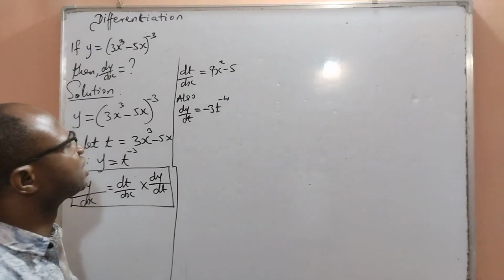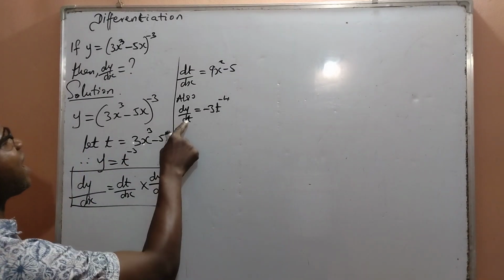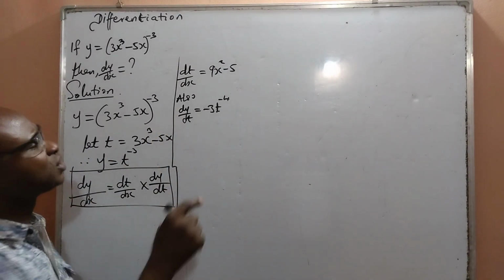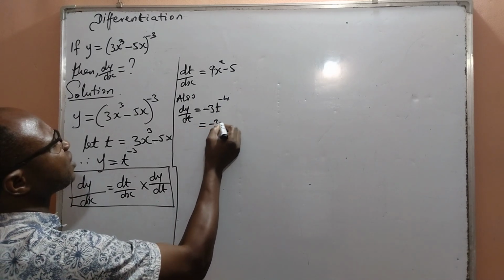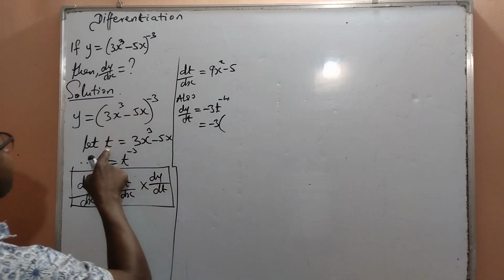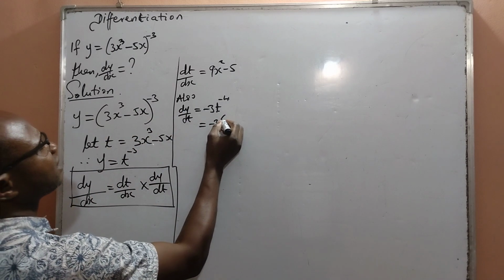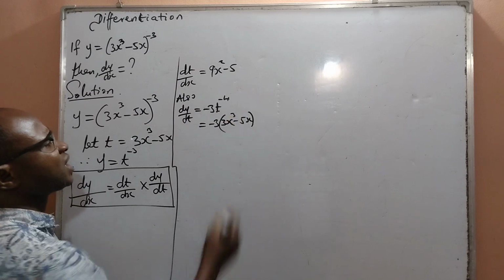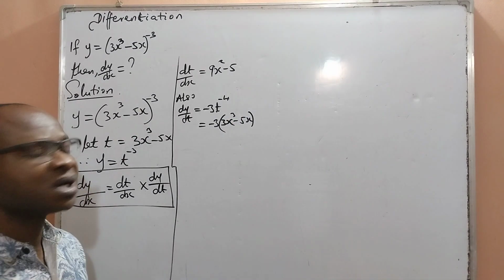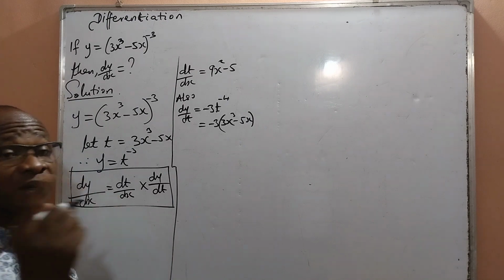I have differentiated y with respect to t, but I can now replace the value of t. This is the same as minus 3, and t is given to me as 3x^3 - 5x. I have now substituted the value of t.